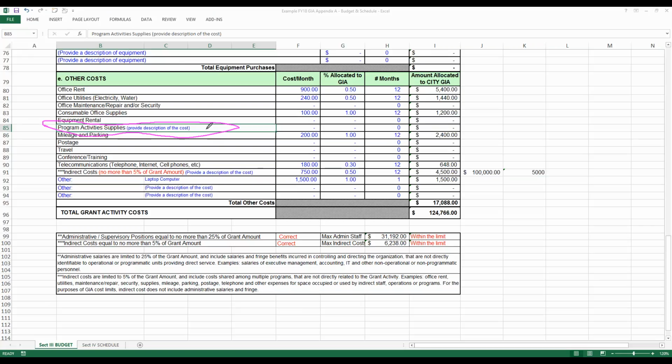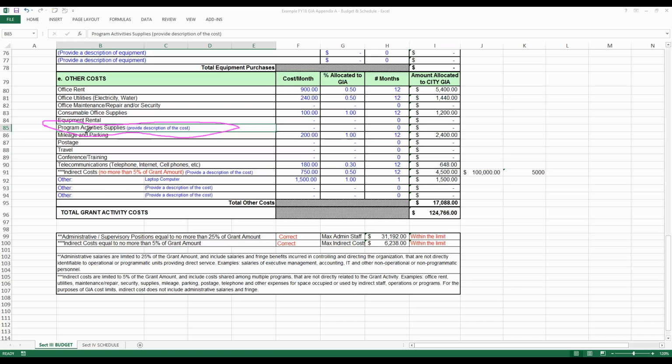If there are a lot of supplies and you don't want to write all of them, just group them by categories, and give us a general overview of what the program needs in terms of supplies. You don't necessarily need to differentiate each supply as a different budget line, because then your budget becomes too big.